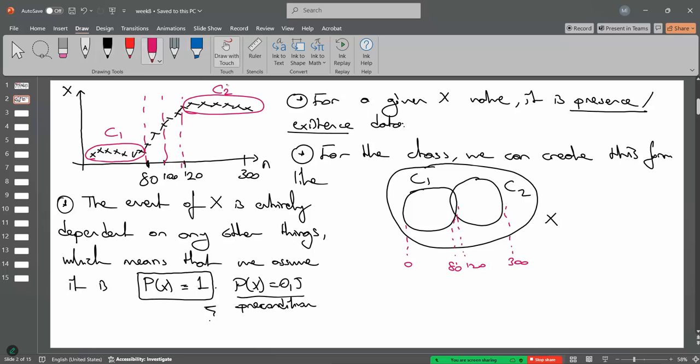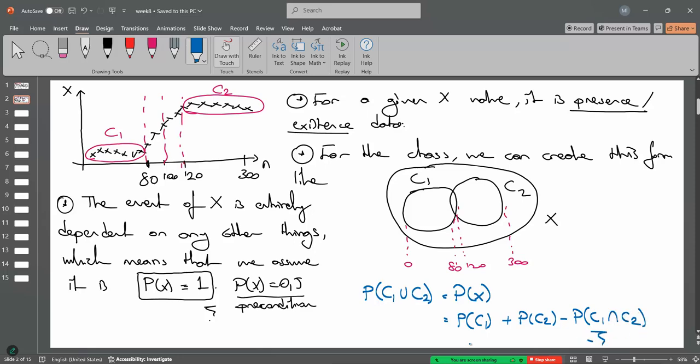And also, just remember the probability conditions. The C1 union C2 must be equal to the Px in here. Or we can write P(C1), probability of C1, plus probability of C2 minus probability of C1 intersection C2. Okay? And so this condition generalized to the x creates only C1 and C2, but not the other one. Okay?